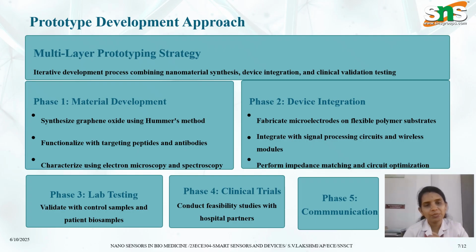For device integration, we fabricate microelectrodes on flexible polymer substrates and integrate them with signal processing circuits and wireless modules. We validate this with samples and patient biosamples, and clinical trials are done here. And finally, the communication protocols.